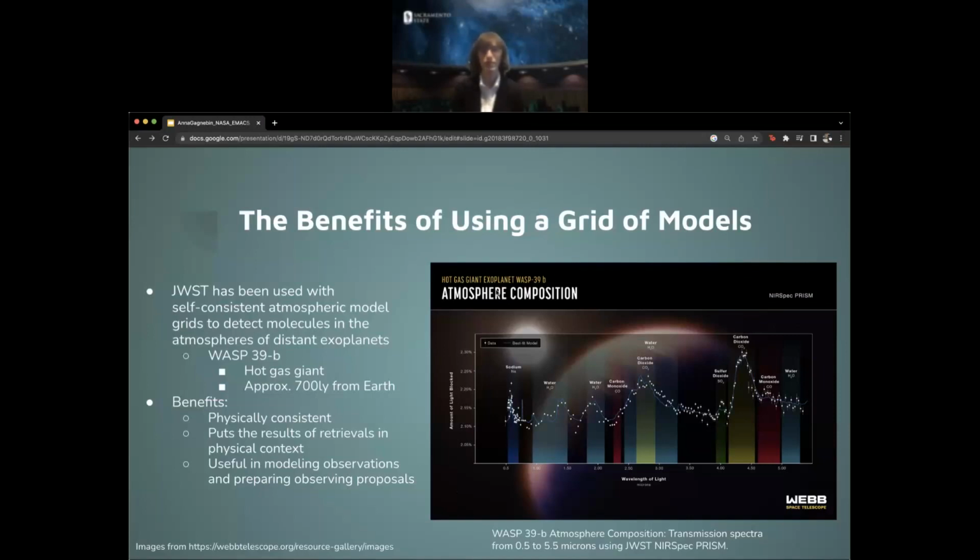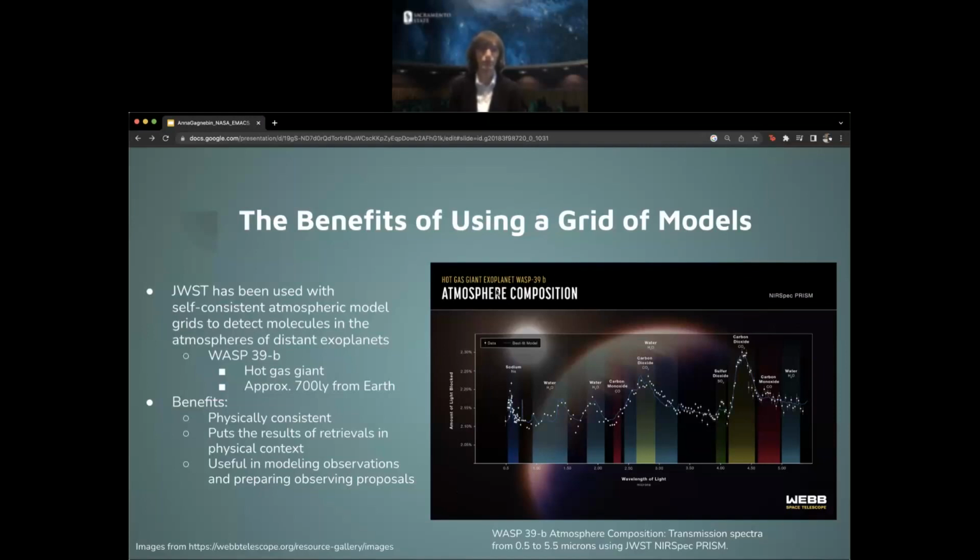This was fit again to this grid of models, and we were able to detect sodium, water, carbon monoxide, carbon dioxide, sulfur dioxide, and other molecules like that. So we've already really started to see the benefit of using these grids of models. These models tend to be physically consistent, so they would be what we would actually see in the atmosphere.